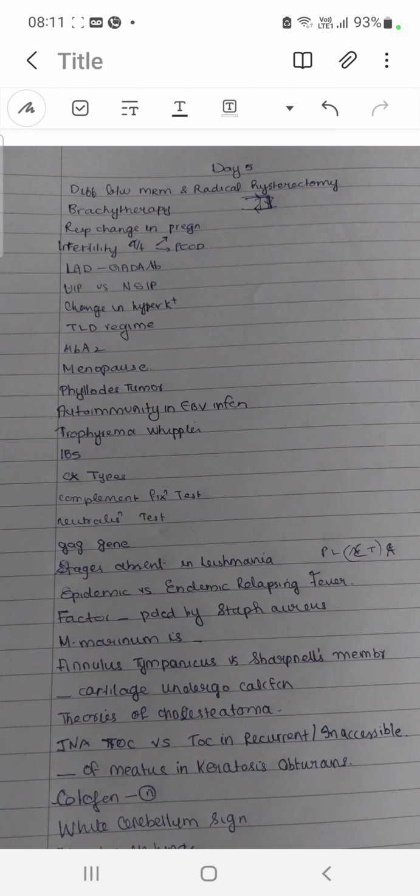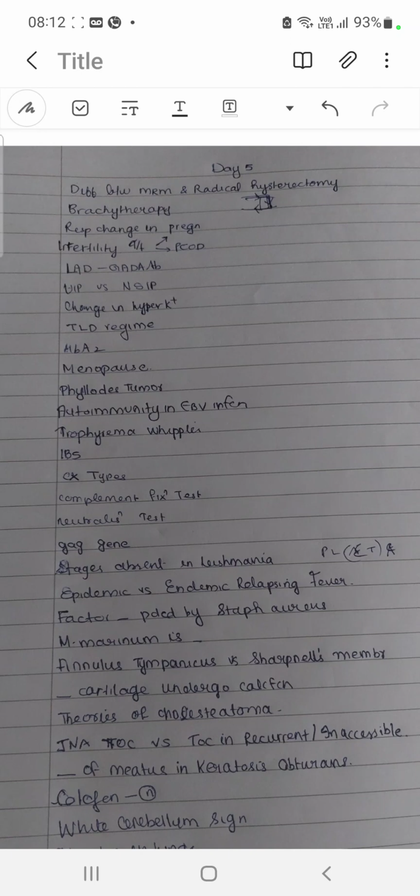Stages absent in Leishmania. Usually in hemoflagellates the stages are promastigote, epimastigote, trypomastigote and amastigote. In Leishmania, epi and trypo are absent.